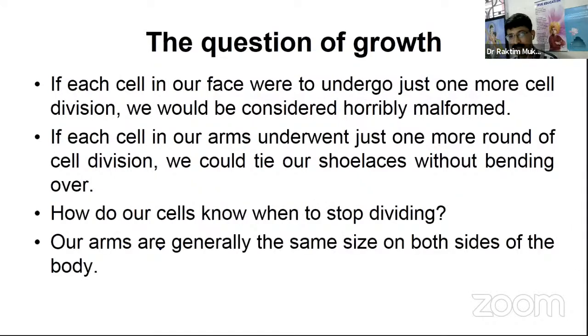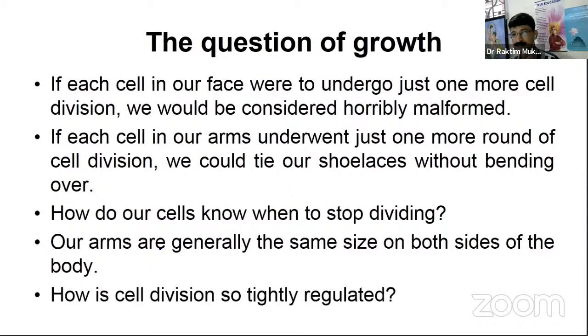So these are some of the questions of growth. We just discussed isometric growth, allometric growth, and in which phase of the cell cycle the growth is maximal and minimal. So these are some of the questions when we discuss growth from the perspective of developmental biology.